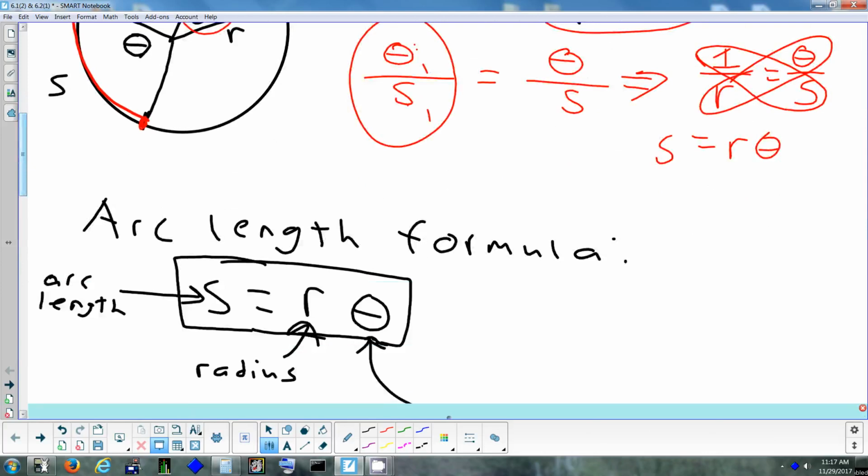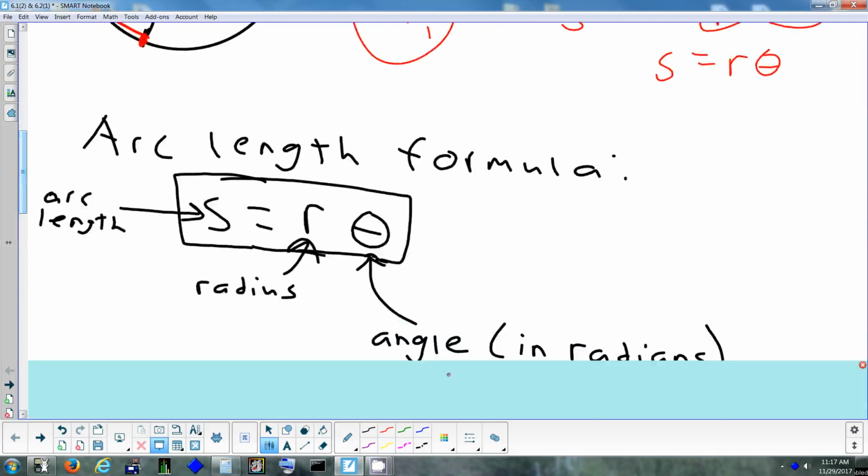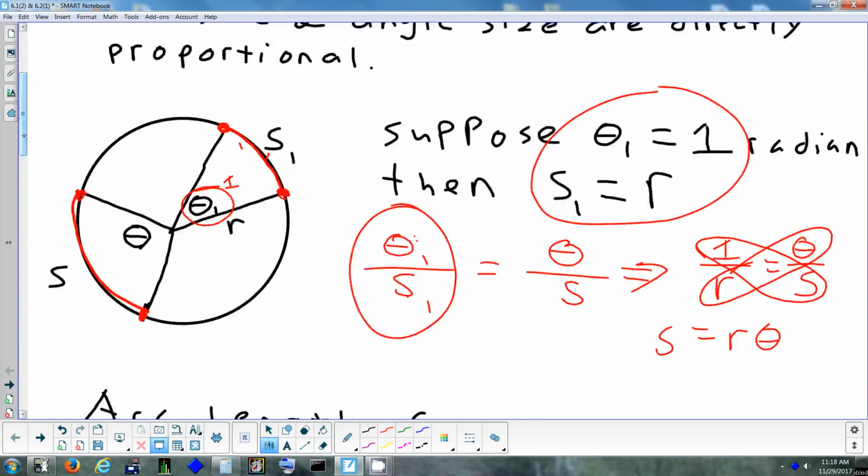So to find the length of an arc, you take the radius and multiply by the angle. But way back at the beginning, when we started this problem, we assumed something about the angle. We said, suppose that the angle was 1, what was the unit?